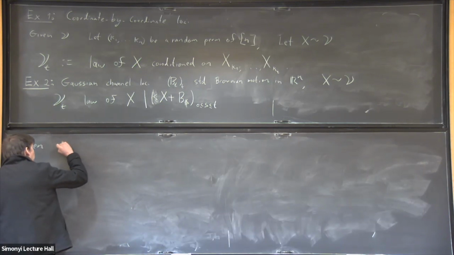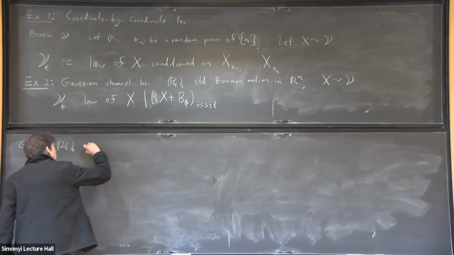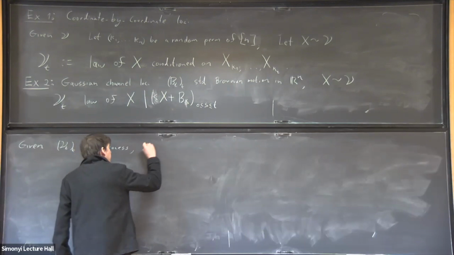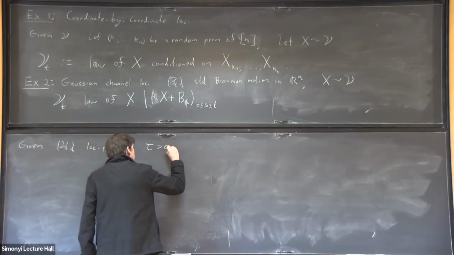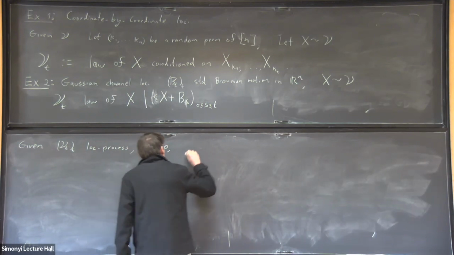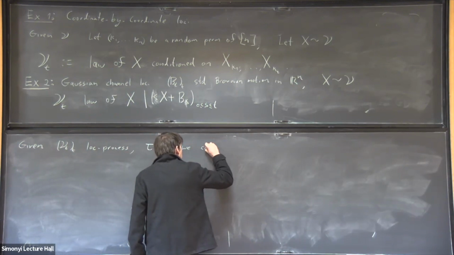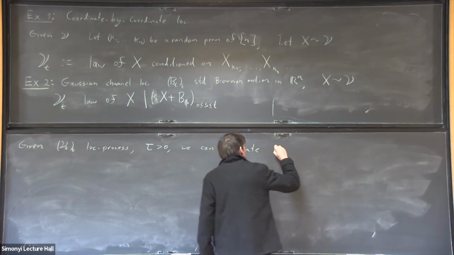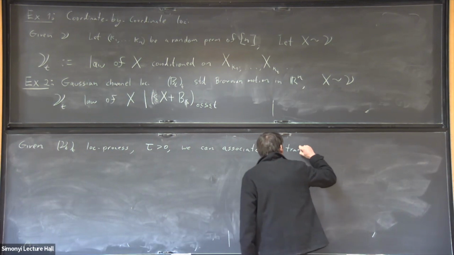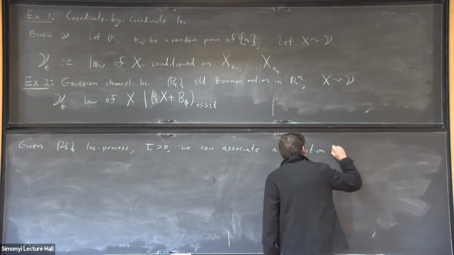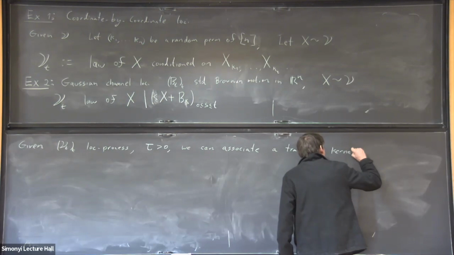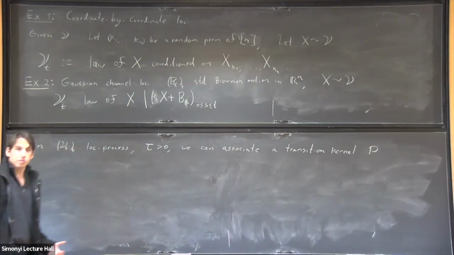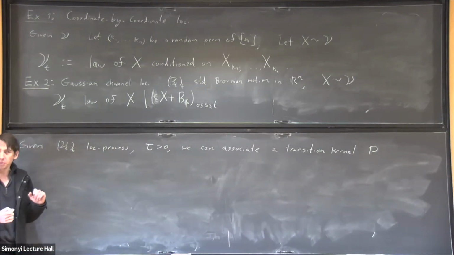Given a localization process and a time tau, we can associate a transition kernel P, which will be reversible with respect to the measure nu in the following way.